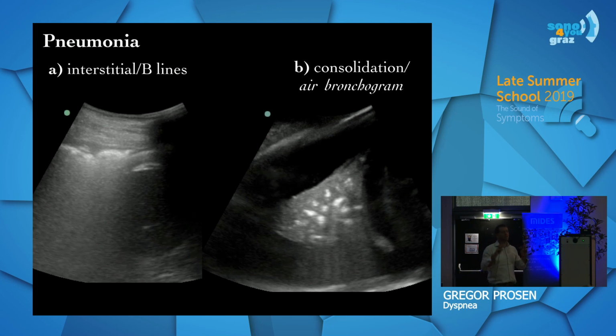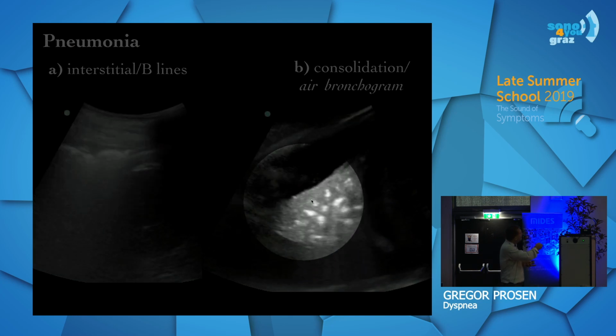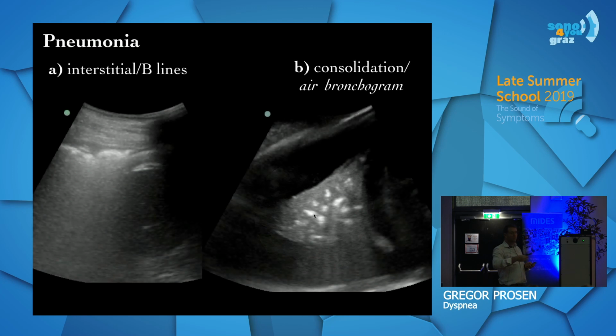Interstitial pneumonia is here, or nice chunky lobar pneumonia, looks like a rose, concentric air bronchogram. You see these white specks? This is air bronchogram. Okay, so lobar pneumonia on the right.